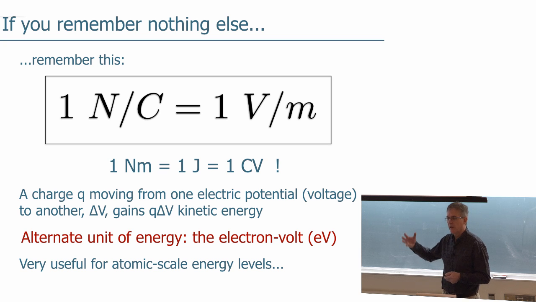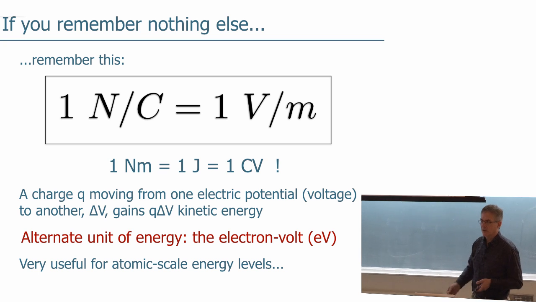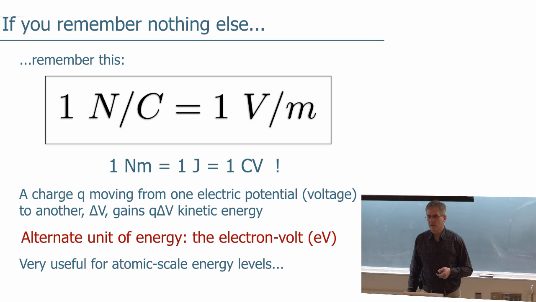Now, we have kilograms, meters, seconds for human scale type things, right? We're going to quickly be dealing with things on the atomic scale, especially toward the end of the quarter as we get into the atomic physics stuff. And so we define an alternate unit of energy called the electron volt, which is simply the charge on an electron times 1 volt.